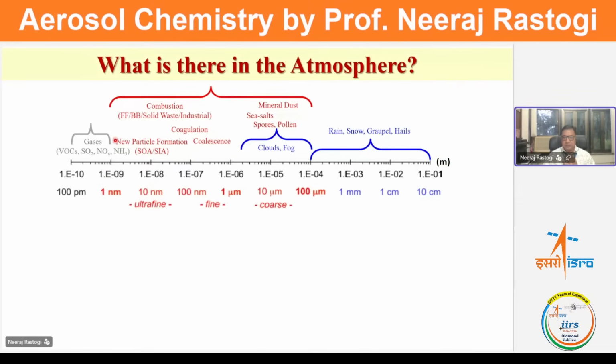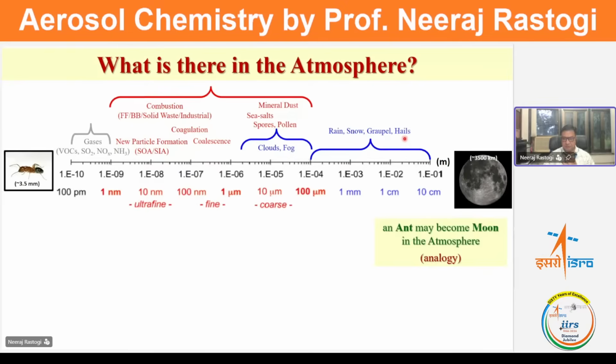Then they can coagulate, they can coalesce, they can form cloud, fog, and convert into rain or snow or droplets or hail and come back to the surface. So in a way, one molecule which was at this size may come back as a 10 centimeter big particle from the atmosphere. That is a possibility in the atmosphere.